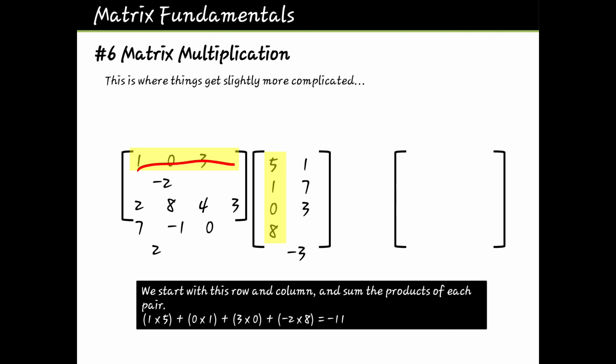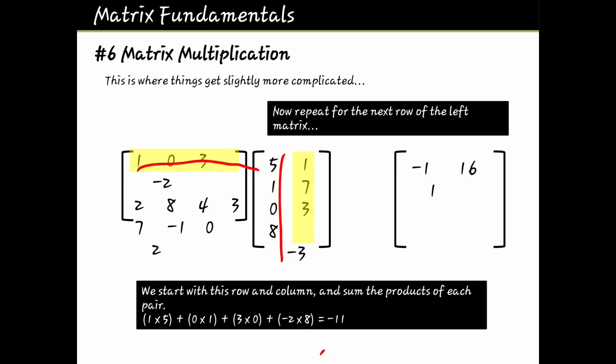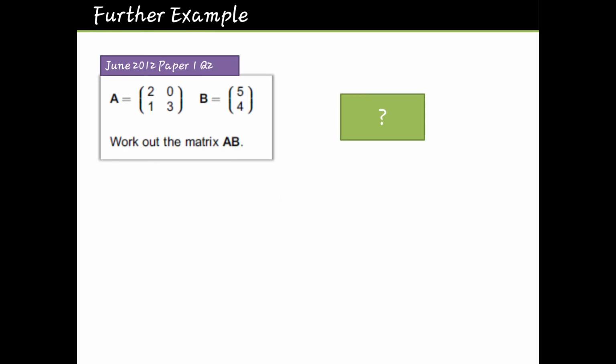Row times column. So when I multiply this times this, I got these answers. Now I repeat for this times this. I got this and that and this and that, like that.